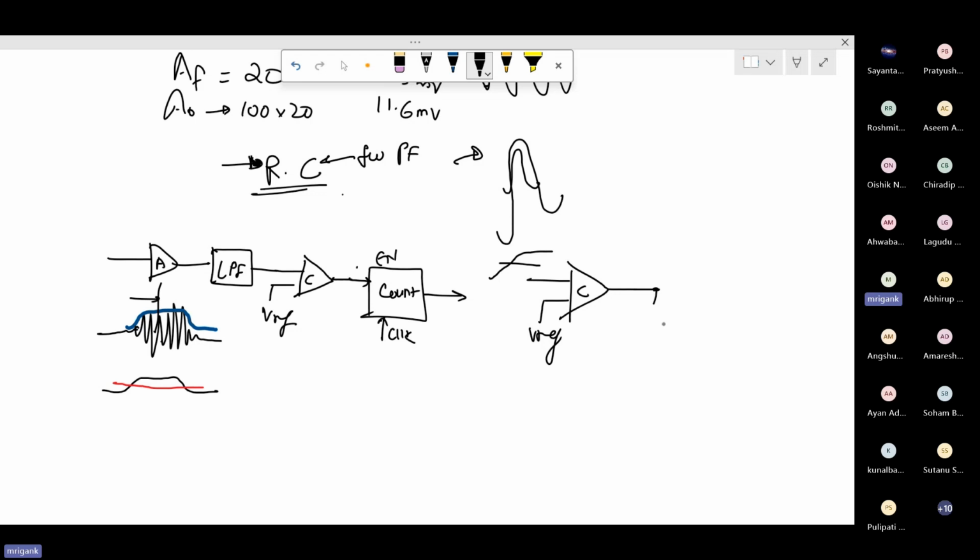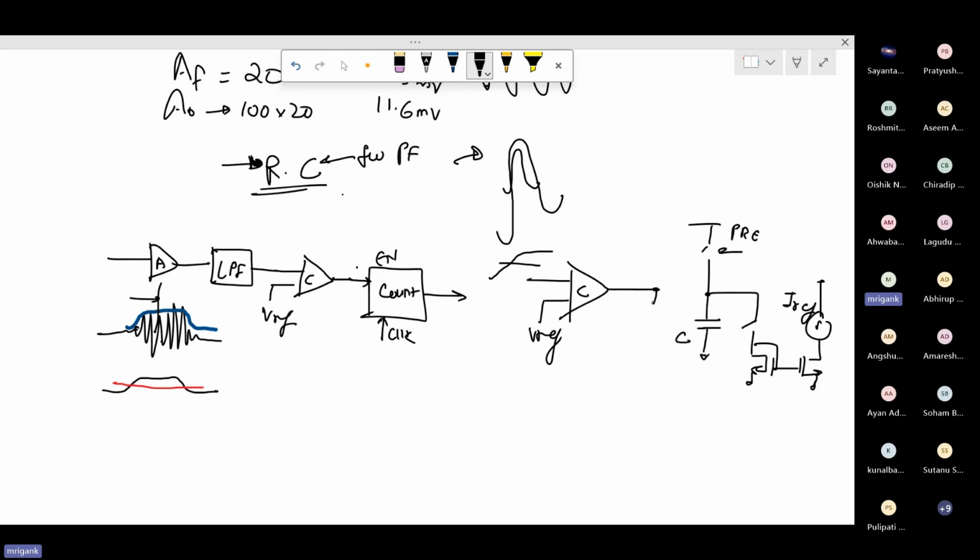One thing that comes to my mind is maybe you can put a cap and initially precharge it to VDD. After that, you let it discharge using a current source, a small current, maybe 1 micro or whatever. Of course, you have to choose that current and that cap properly.